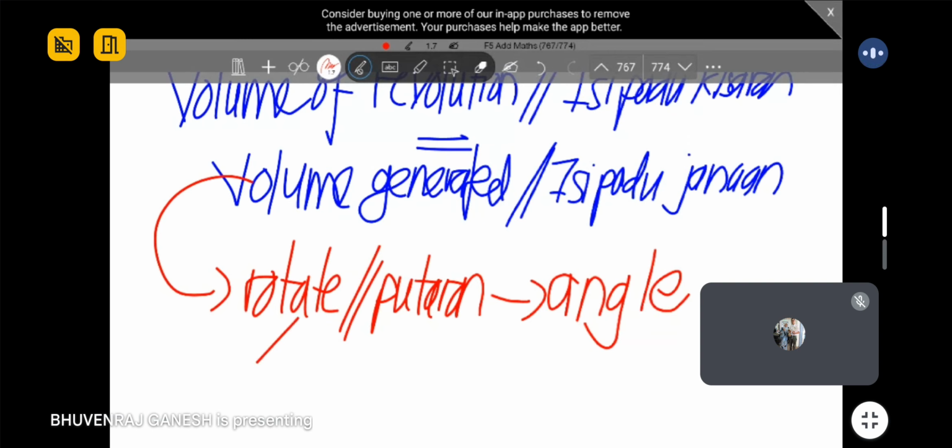So in SPM, question for volume integration, usually 360 degree ataupun 180 degree. So kamu kena tahu macam mana nak buat. 90 darjah agak rare. Usually won't come out. Usually 360 or 180 darjah untuk kira isi padu pengamiran.